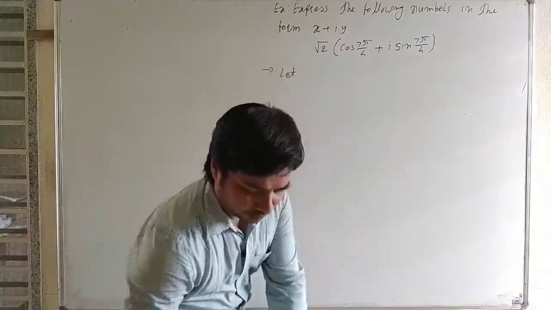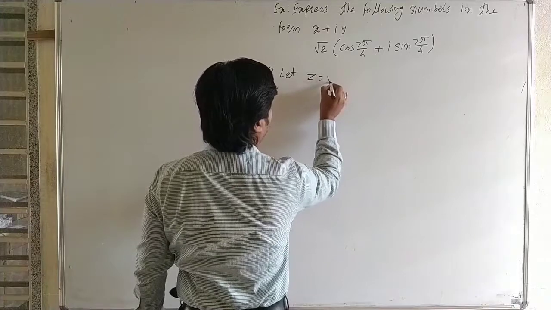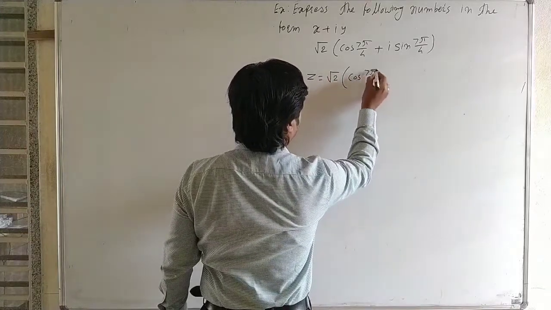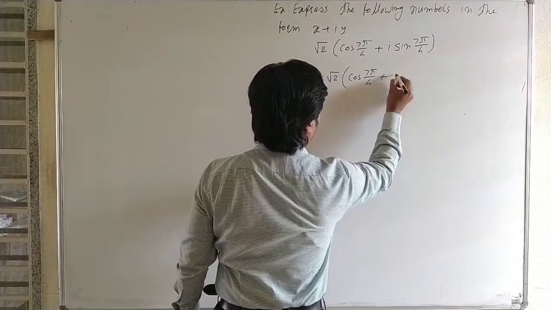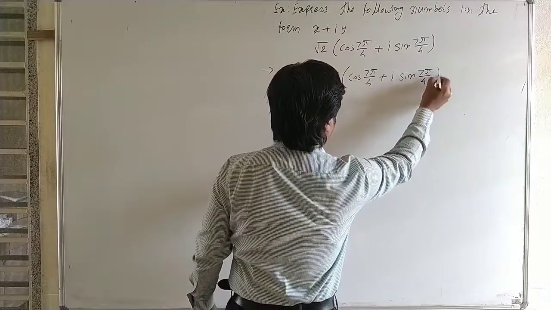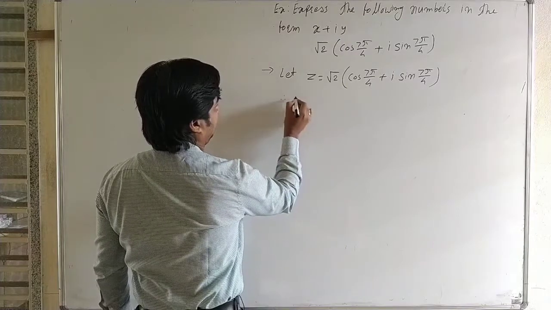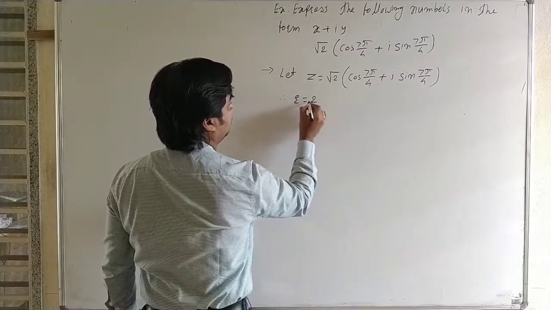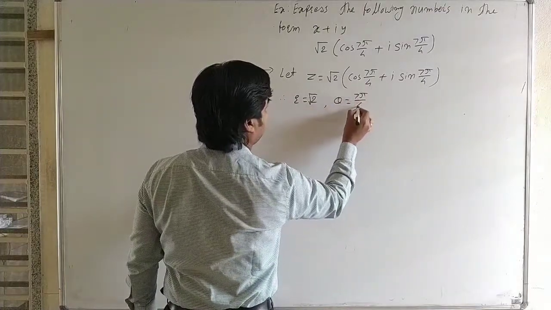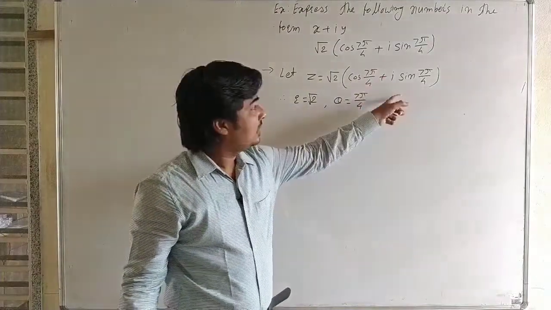Now here let z is equal to root 2 into cos 7 pi by 4 plus i into sin 7 pi by 4. This number is in the polar form. Therefore, here r is equal to root 2 and theta is equal to 7 pi by 4. Now we find the values of cos 7 pi by 4 and sin 7 pi by 4.